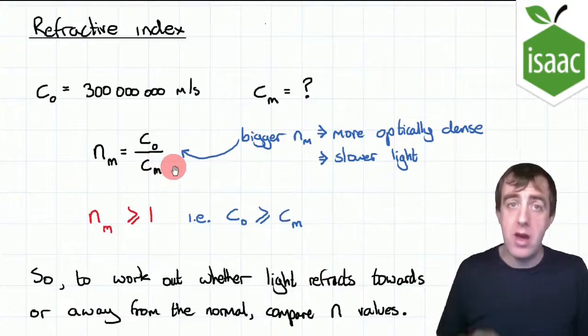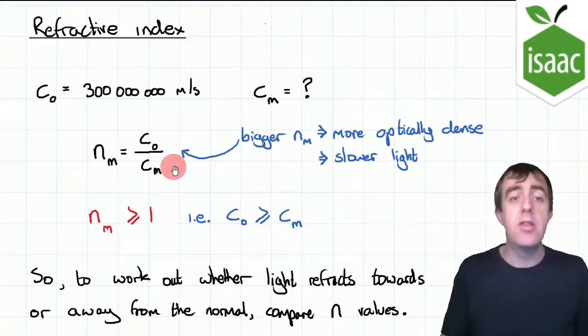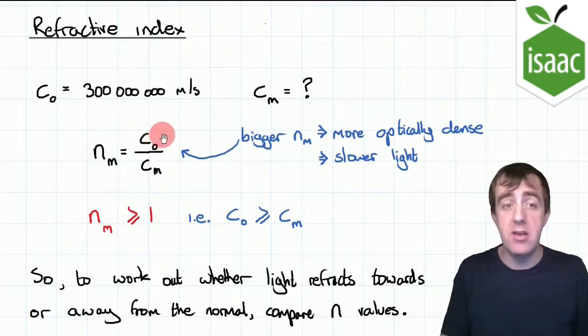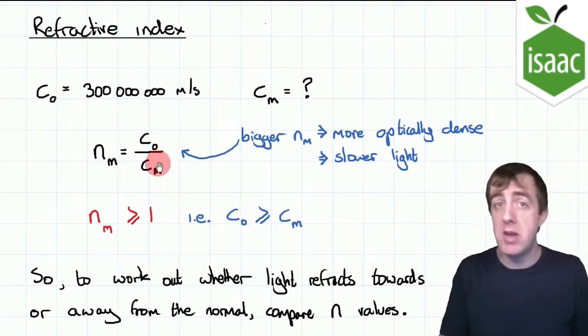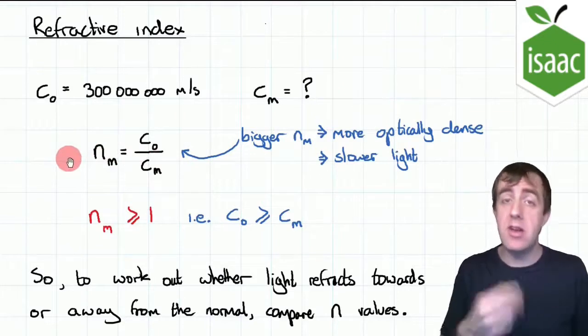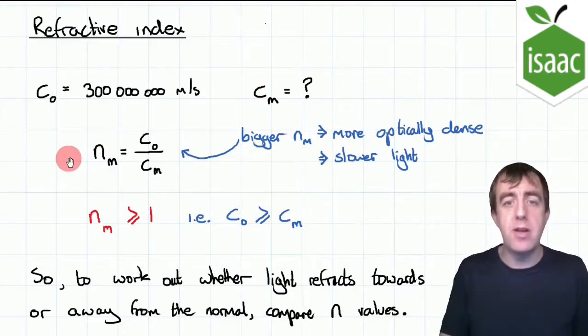So with our glass example, the speed of light in glass was 200 million meters per second. 300 million meters per second divided by 200 million meters per second is 1.5. So the refractive index of glass is about 1.5.